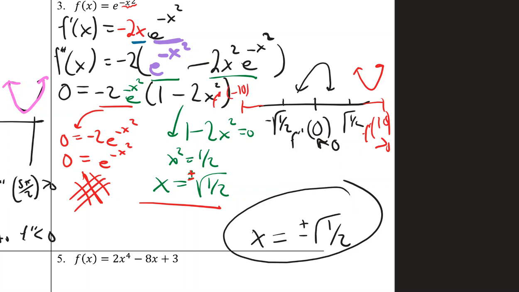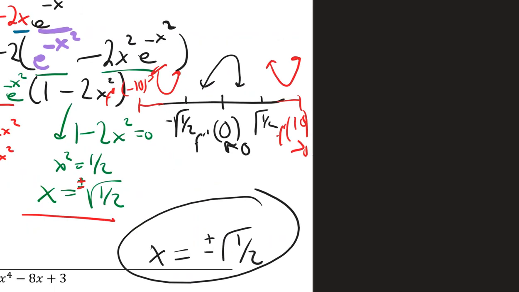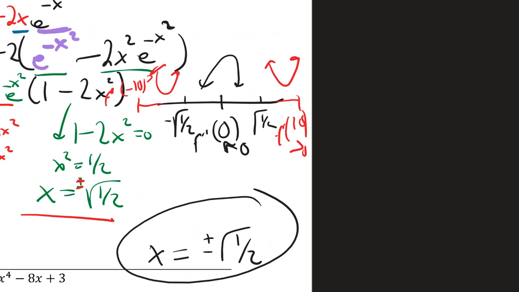Negative, positive, negative was positive, so concave up. And I'm kind of scrunching my work here, but this is where they came up with that as an answer. At positive square root of 1/2, the concavity was changing, but also at negative square root of 1/2, the concavity is changing.